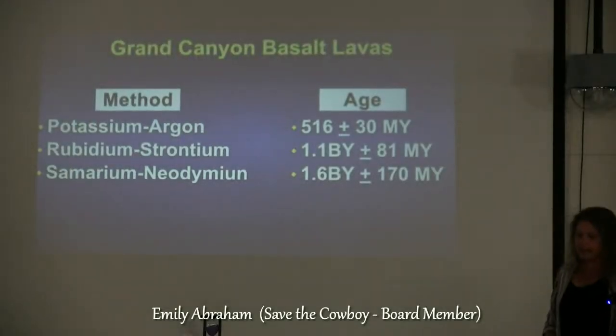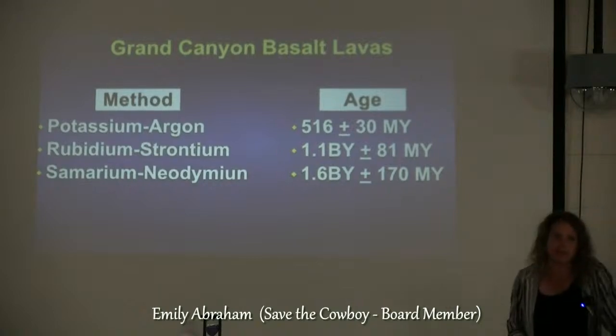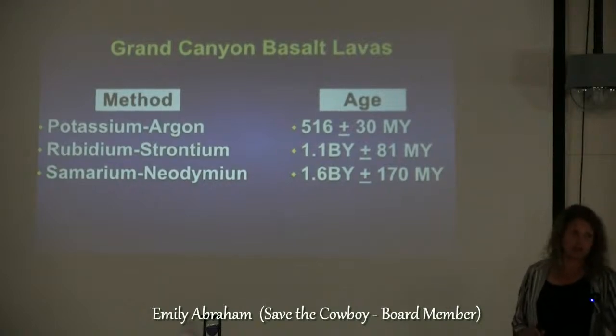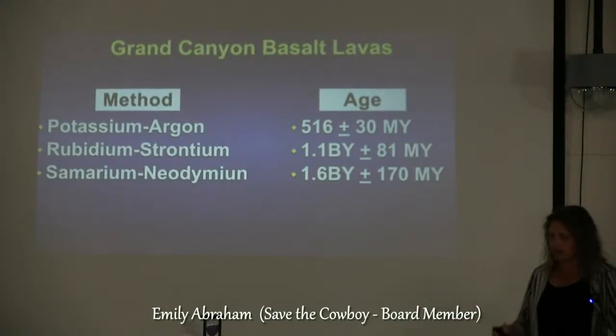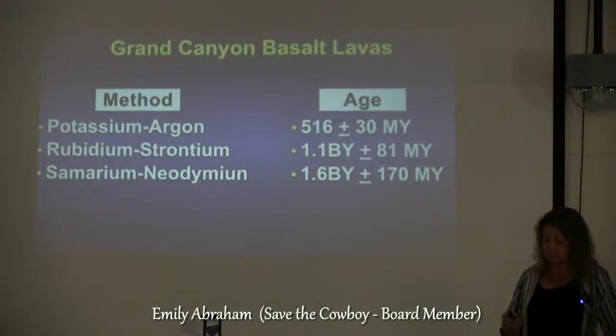Here's the Grand Canyon. They used 3 different methods on the same rock. Okay? All of these different methods, potassium going to argon, rubidium going to strontium, they used all of those different methods. They got incredible different ages. My is millions of years and By is billions of years. All right?